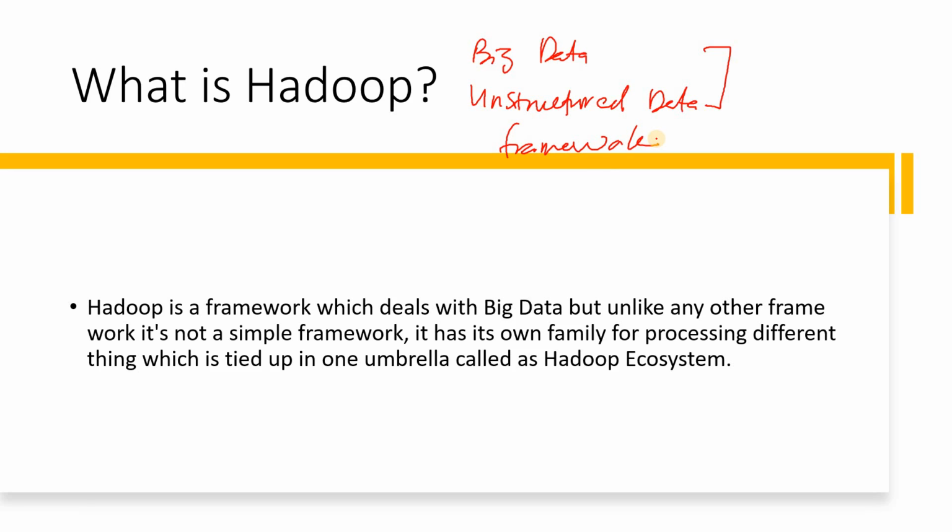We can say it is an ecosystem that can handle big data and unstructured data as well. So that is why Hadoop exists, where Hadoop is a framework which deals with big data, but unlike any other framework, it is not a simple framework. It has its own family or environment or ecosystem for processing different things, and all of them are tied up in one umbrella, and we can say it is the Hadoop ecosystem.